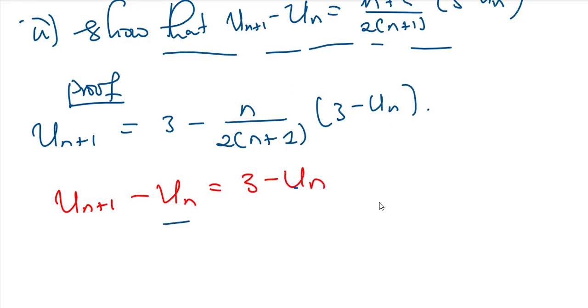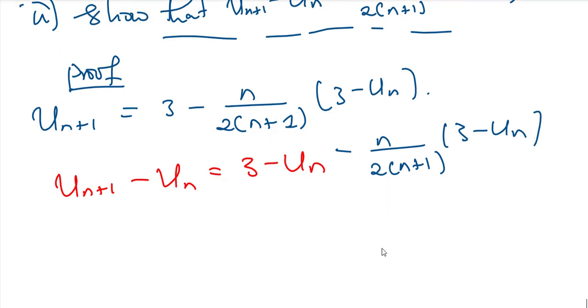So I've subtracted u_n from both sides. Okay, now then I'll add the other terms, that will be minus n divided by 2(n plus 1), all of this times 3 minus u_n.